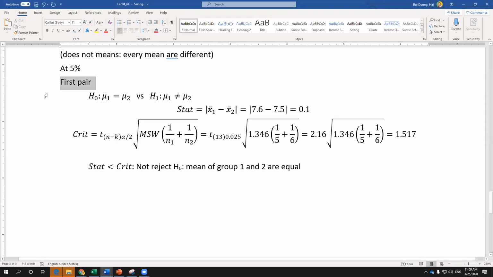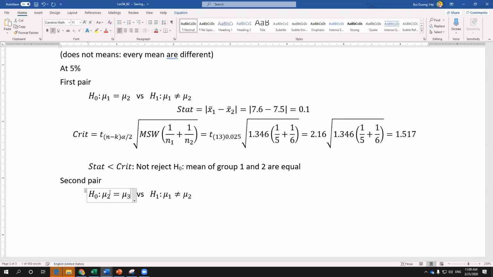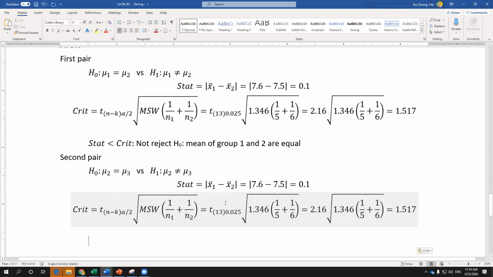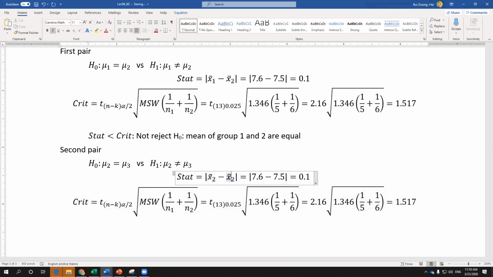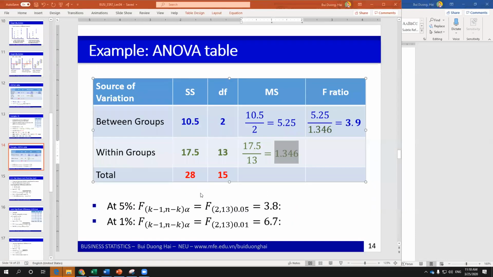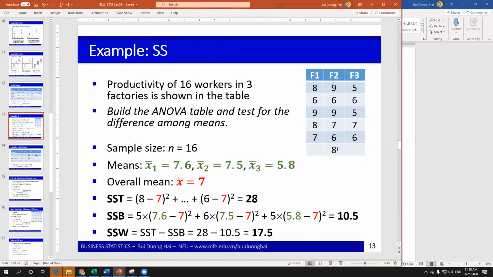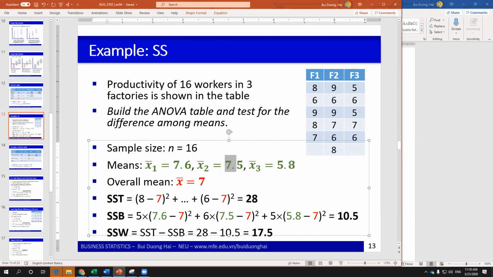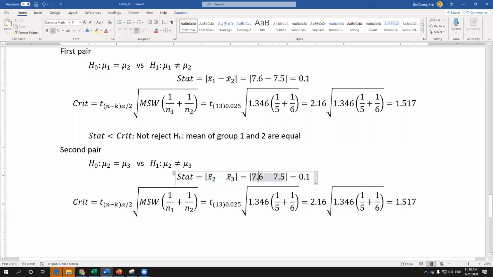Now, the second pair, 2 and 3. I copy. X2 bar, X3 bar. X2, how much here? 7.5 and 5.8, equal to how much? 1.7.